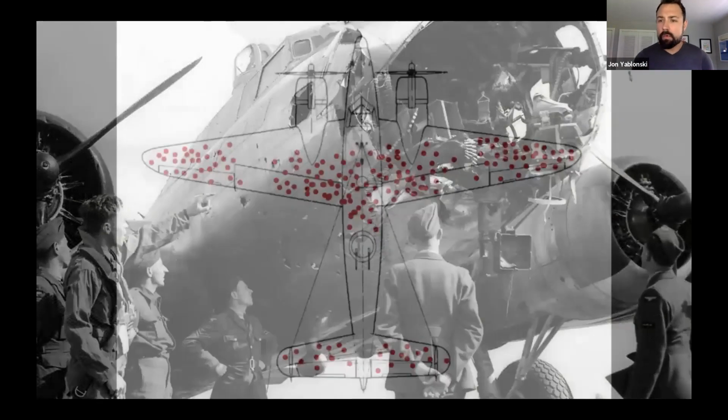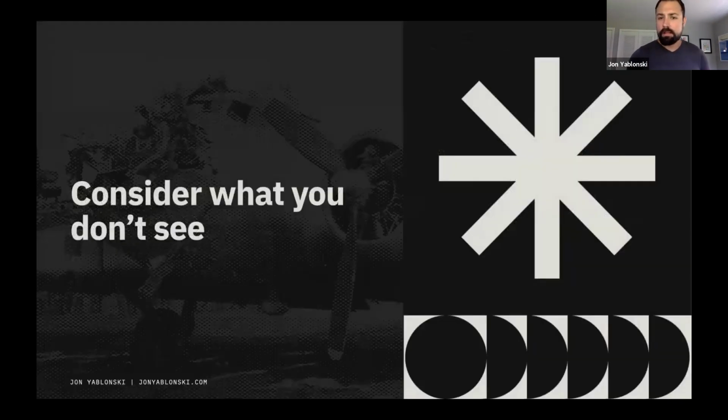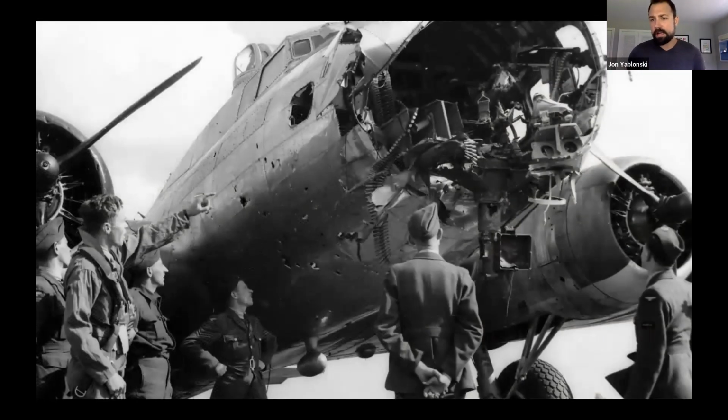So let's start with considering what we don't see. During World War II, Allied forces had a problem. They were sending off bombers to fight the Nazis in Europe, and those bombers were being decimated by enemy fire. The United States government contacted researchers and universities in the United States to investigate why this was happening.